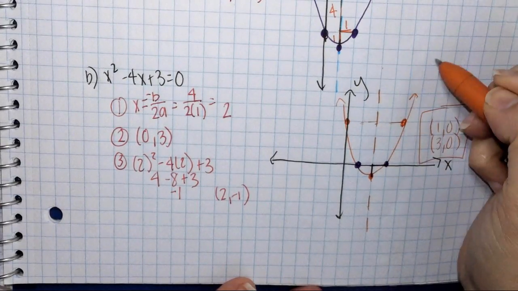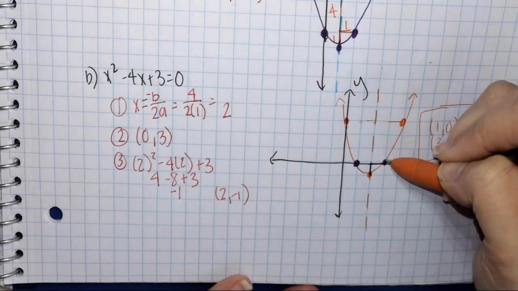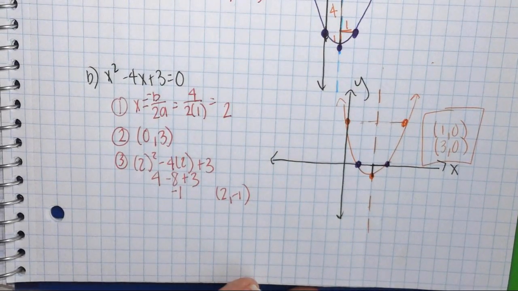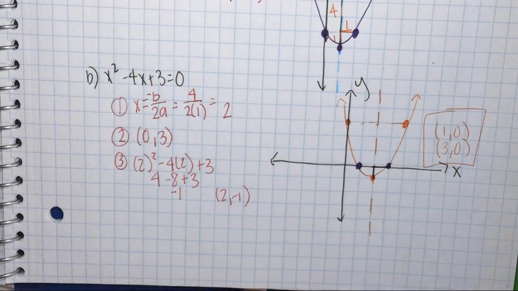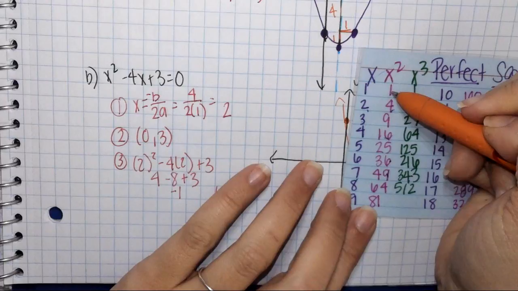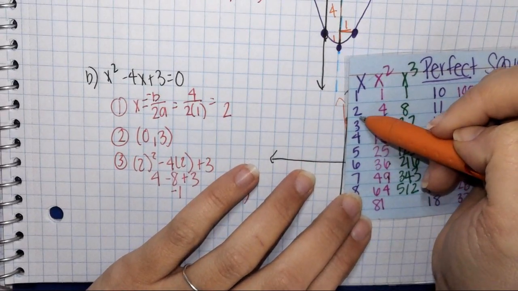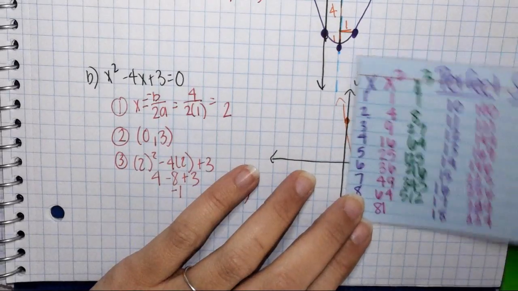And then you would go up 9, right 3. But since this gives us our point, you don't have to. Don't be afraid. You just use your perfect squares. Arriba uno, derecha uno, arriba cuatro, derecha dos.